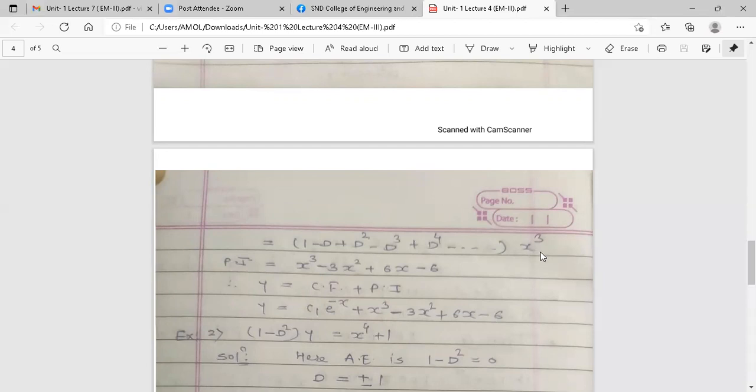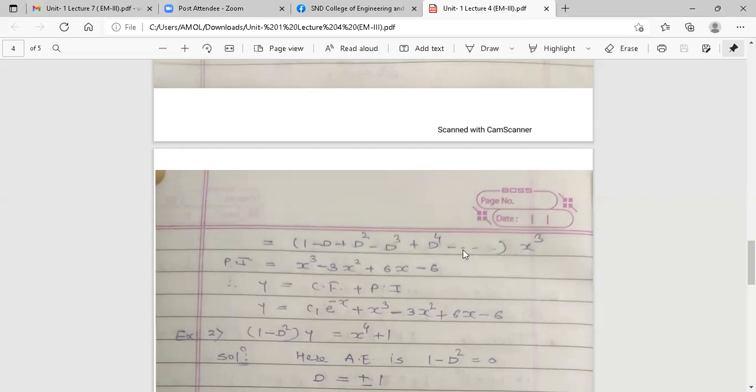From the fourth derivative you will get 0, because the first derivative of x cube is 3x square, the second derivative is 6x, the third derivative is 6, and the fourth derivative of x cube is 0. You know that the (n plus 1)th derivative of x raised to n is always 0. And so you count the terms of D up to D cube only. The degree of this polynomial is 3.